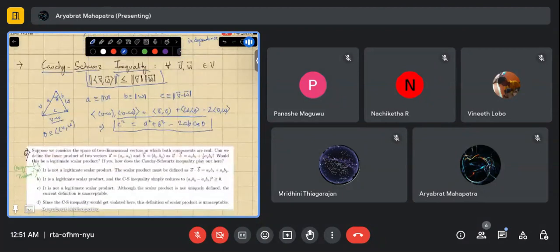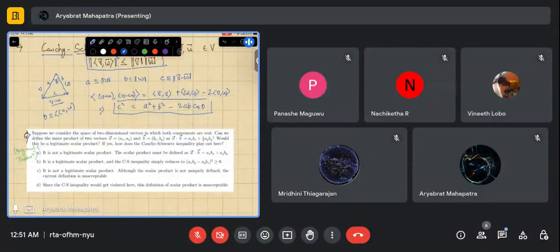In relation to this Cauchy-Schwarz inequality, there were questions in the assignment. One of them is problem 7. I've pasted that question right here. Suppose we consider the space of two-dimensional vectors in which both components are real.